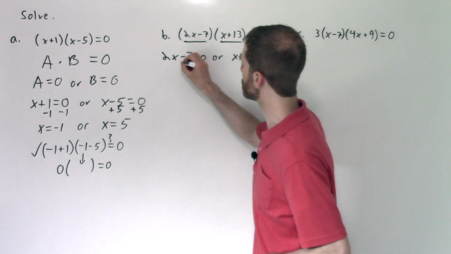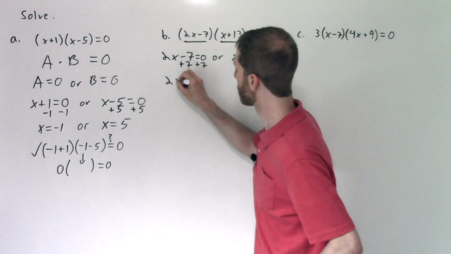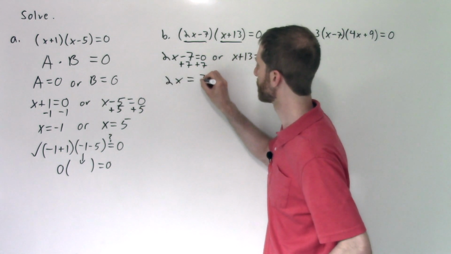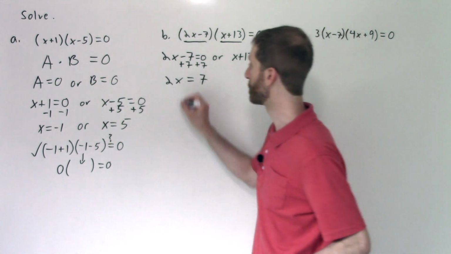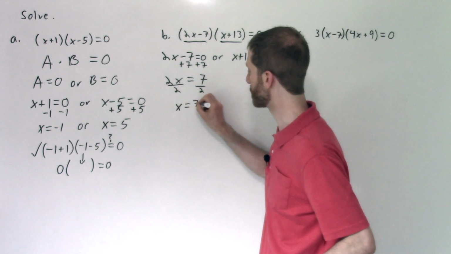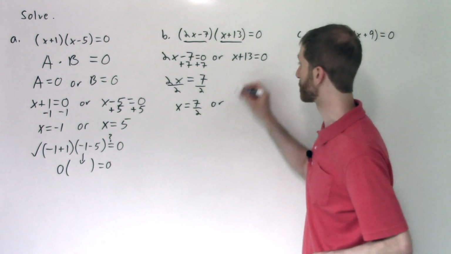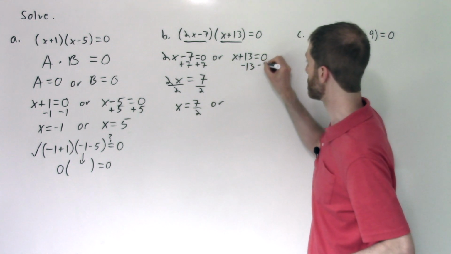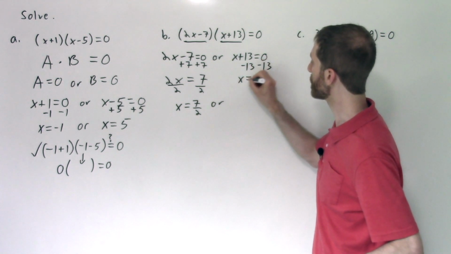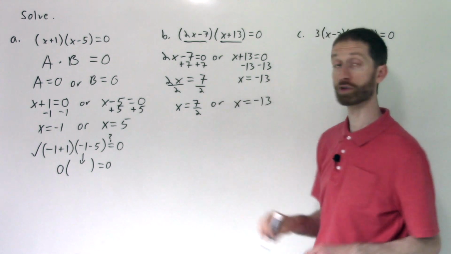We add 7 to both sides, not bad. 0 plus 7 is 7, and the 7's cancel out on the left. And then we divide both sides by 2 to get the x alone. Just solving a normal equation. So x equals 7 halves, or here we would subtract 13 from both sides. Subtract 13. And you're left with x is equal to negative 13. I don't know why I wrote it that far up, but those are our two solutions.